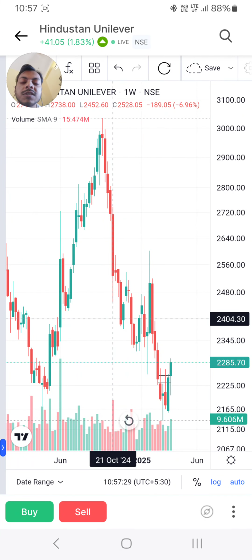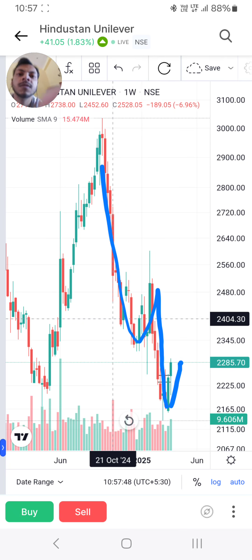On the daily time frame it will be clear that there was a 5% massive fall on that day. From then it has been moving down, and this was one pullback. Now again this is a pullback.